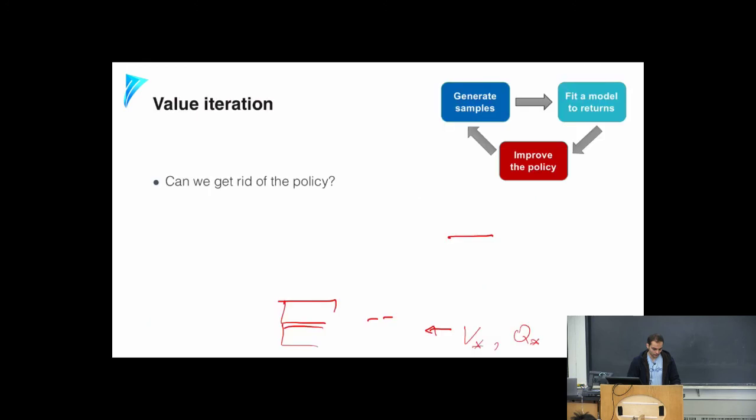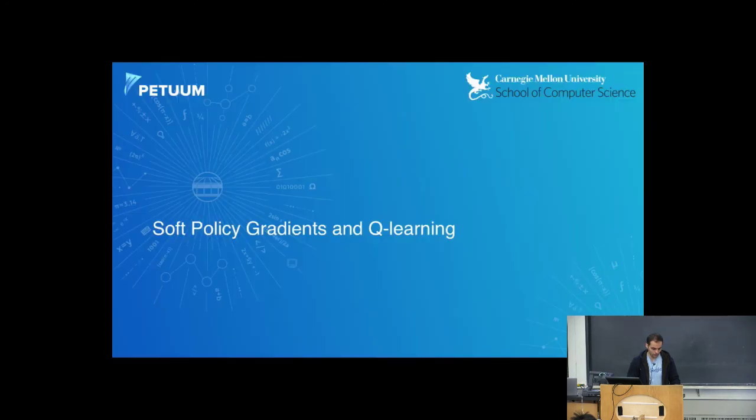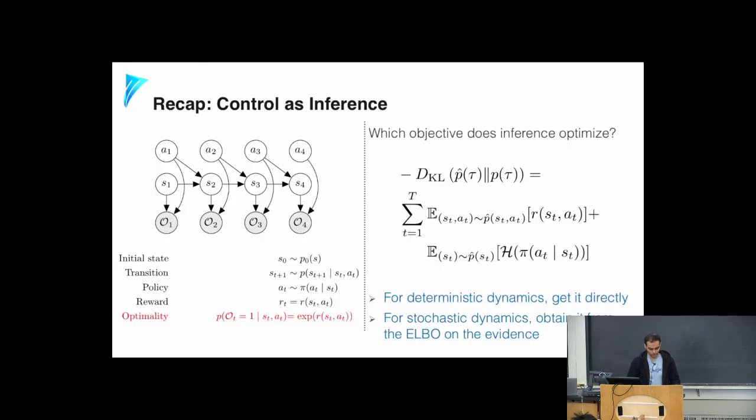But let's now move to the soft policy gradients and Q-learning to see how these things are related, right? So once again, so far, both in Q-learning and the policy gradients, we started from the objective, that was the expected discounted rewards, and then we tried to optimize it.